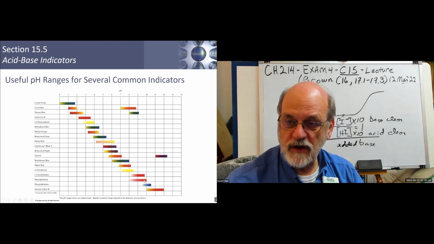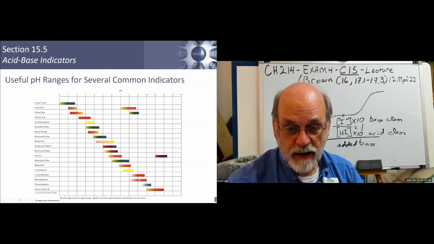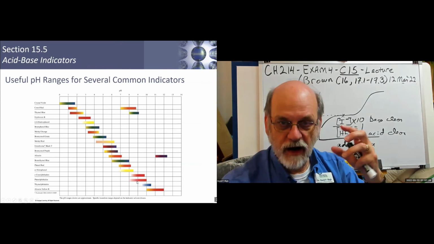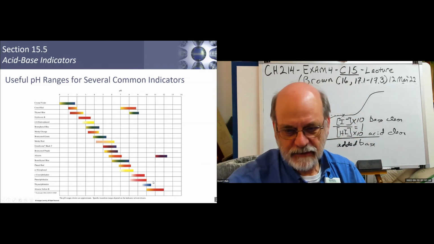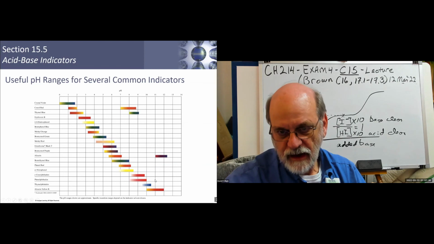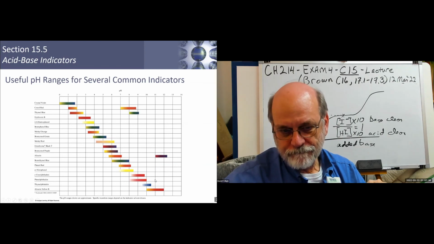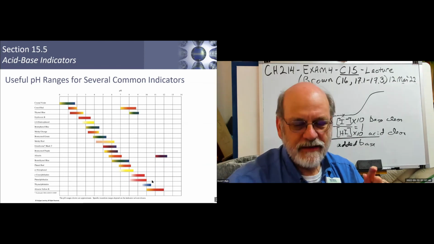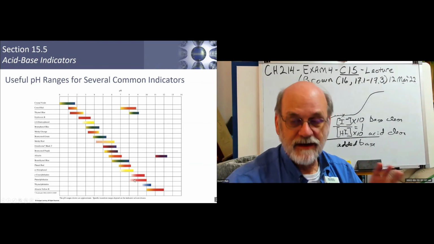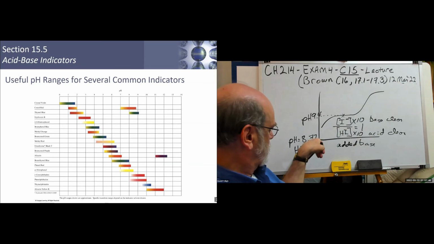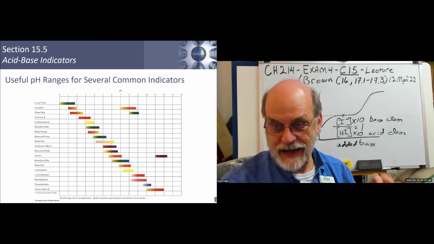So it's a gradual amount. And some people might be able to detect that pink color a lot earlier than others. So there you have potential for operator error. So the earlier you can detect that pink color, the closer it is for acetic acid to the actual pH at equivalence.